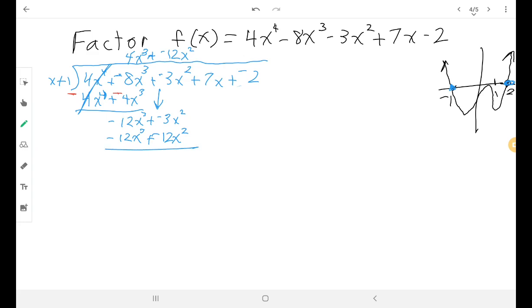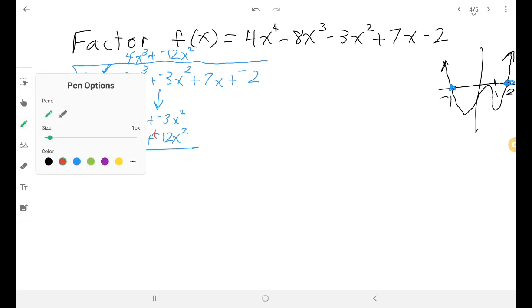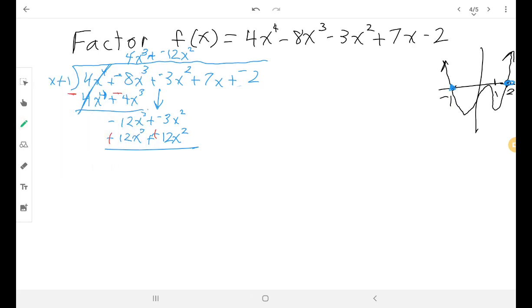Then I need to subtract them, so in order to do that I have to change the signs. So that becomes positive, that becomes positive. These two cancel, they better cancel. That's how I designed it, so that they would cancel. And then negative 3x squared plus 12x squared looks to me like positive 9x squared plus, bring down the plus 7x, put a plus up here, and start the game over again.